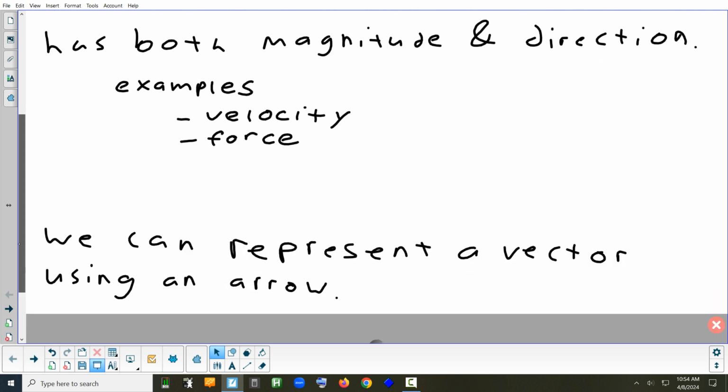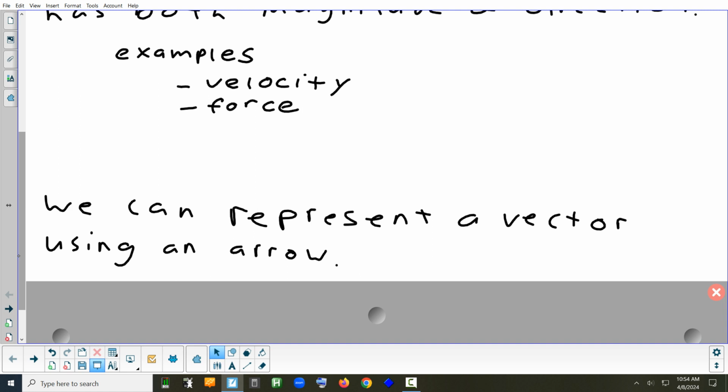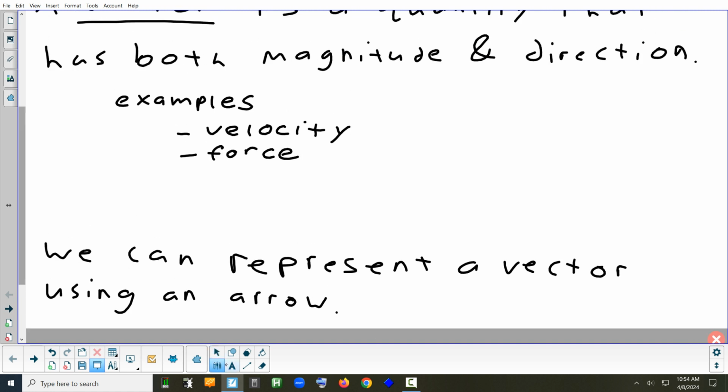So one way we can represent a vector is with an arrow. Okay, if we're going to draw it, that's generally how you do it. What do you think I can change about the arrow to represent magnitude? Yeah? The size of it? The size of it. Yep.